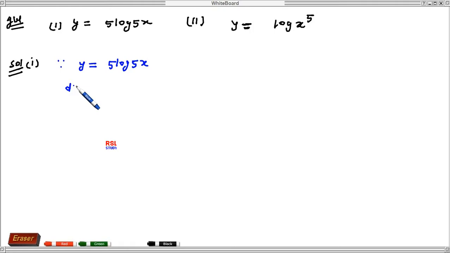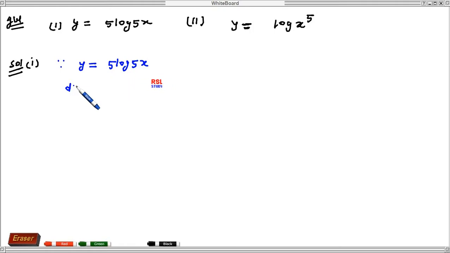After differentiating, this 5 will be out, and log 5x will give 1 by 5x. That is 1 by 5. We have just already differentiated and found that value, 1 by 5. So 5 by 5, that is 1.